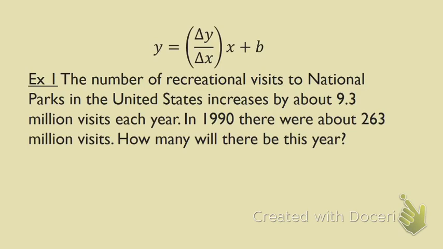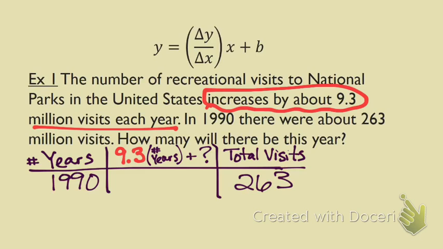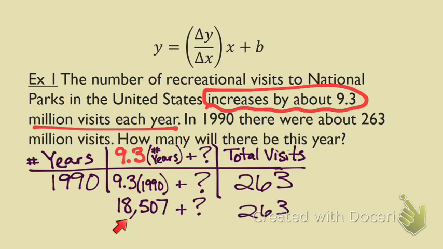I'm going to sketch a table. So if we took 9.3 times 1990, how much are we going to have to add to get 263? We've got to find this position. So 18,507 plus what gets me to 263?